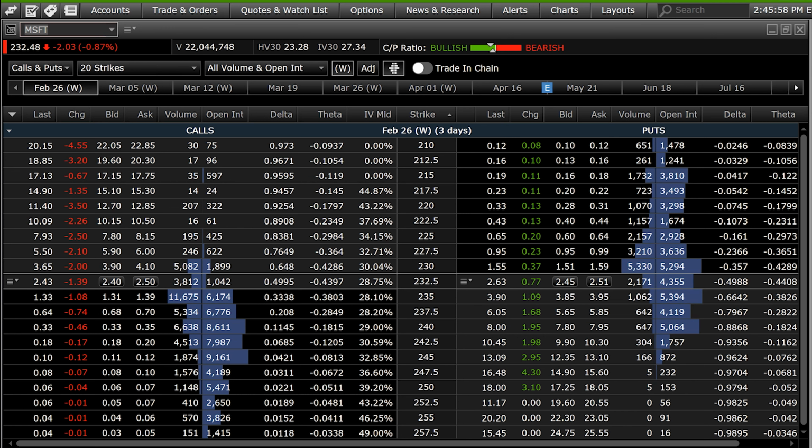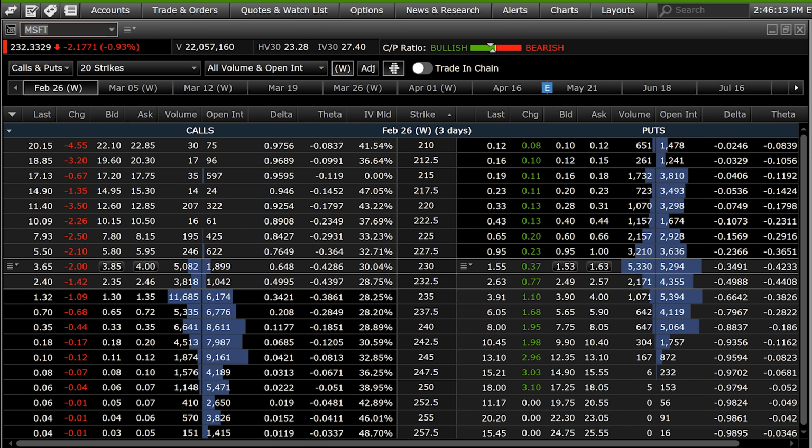Now it's a moving target, so your delta is going to move as the stock price moves up as well. So if it moves up $3 or $4 here, then your delta increases, and now you have a 64 delta, and it exponentially increases the value of the delta. The delta is going to tell you how much the value of your calls is going to be worth.